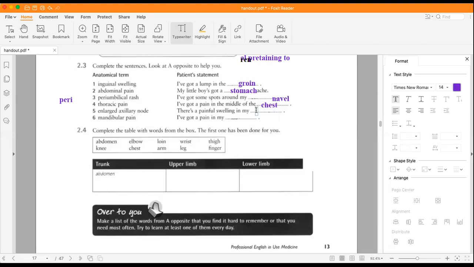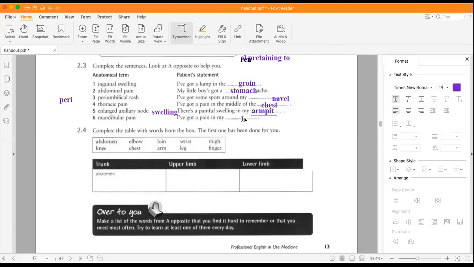Enlarged axillary node. Node here, what is the meaning of node? Node means swelling. So, enlarged axillary node: "There is a painful swelling in my armpit."